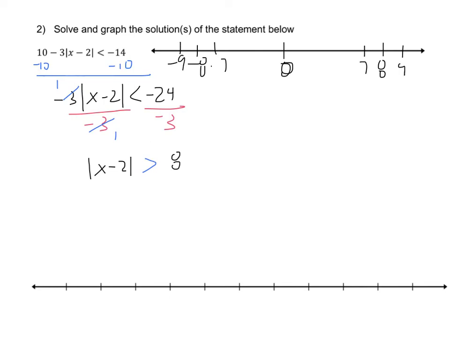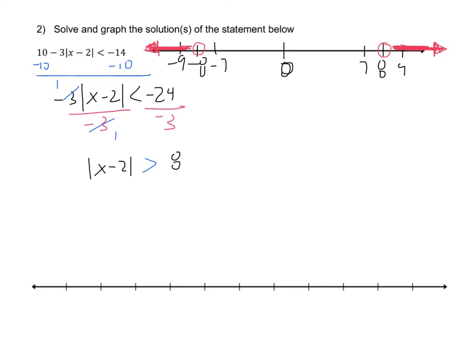I want the distance away from 0 to be bigger than 8. Here's where the distance is exactly 8, but I want the distance to be more than 8. So where are the numbers that are more than 8 spaces away from 0? Those are these numbers: to the right, these are more than 8 spaces away from 0, and over here on the left, these are more than 8 spaces away from 0.